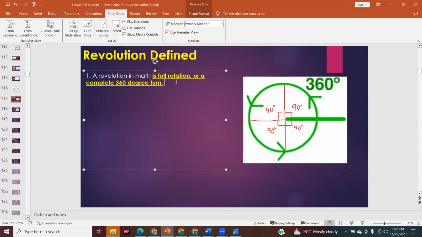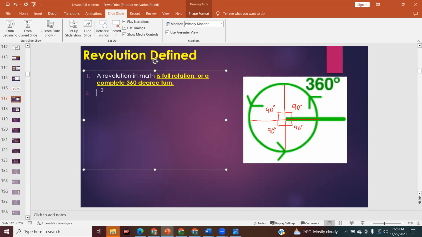So it's a complete turn. It's the full thing. The full thing is 360. That's what we call one revolution. Mr. Petit, is this the clockwise? No, this is different. This is talking about what we mean by one revolution. One revolution is a complete turn, a full 360 degrees.